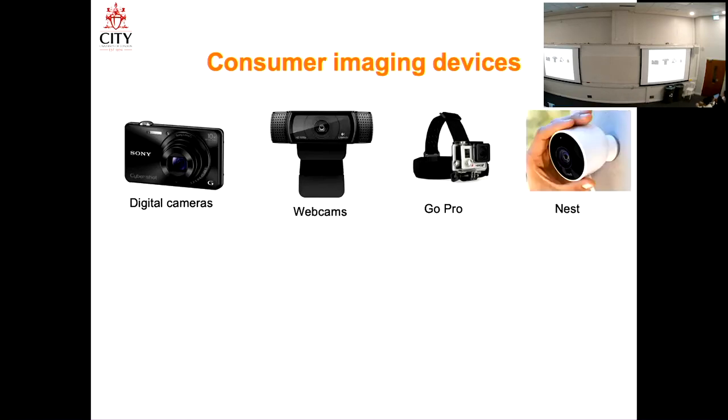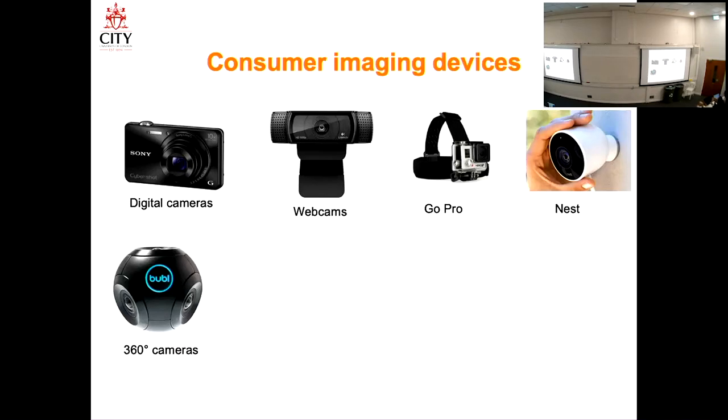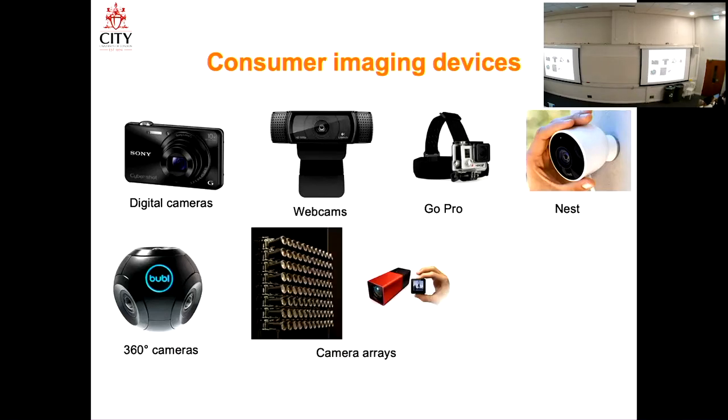There are other sources of cameras like security cameras and 360 cameras. One of the interesting uses of cameras is camera arrays, where they put an array of cameras to capture a scene from different angles. I think the movie The Matrix, which was a very groundbreaking movie at the time, used these camera arrays, and then they would process those images and do some video editing, and you could see the actor standing from different points of view.